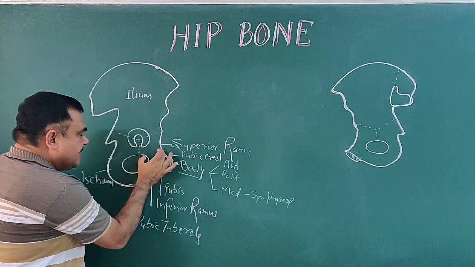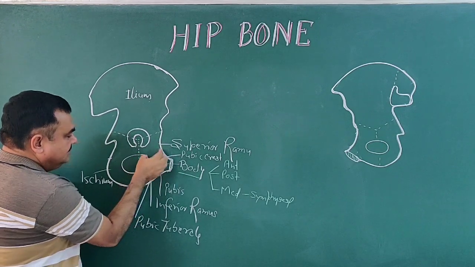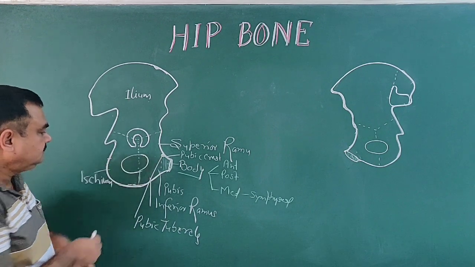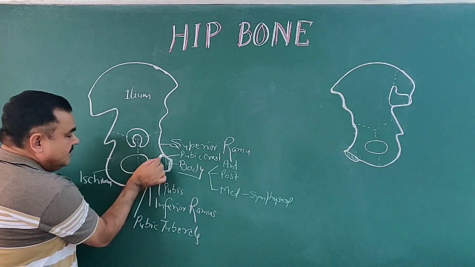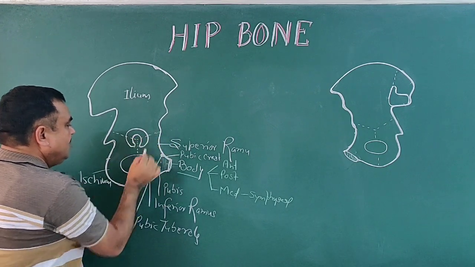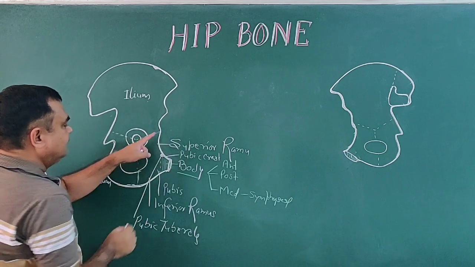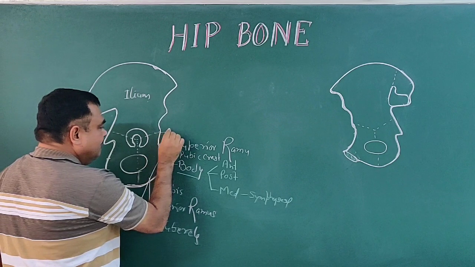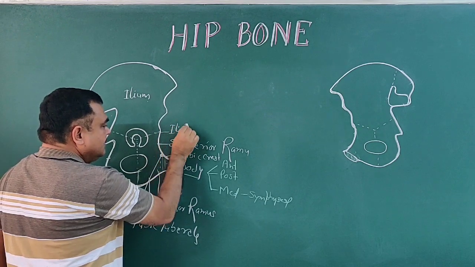Now the superior ramus. This part is the superior ramus. It extends from the body to the iliopubic eminence. This is the level of the iliopubic eminence.